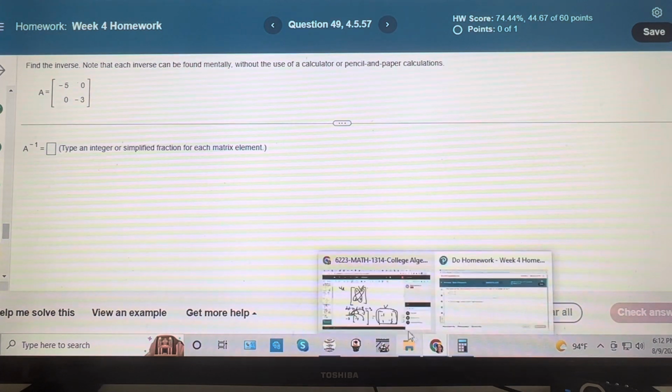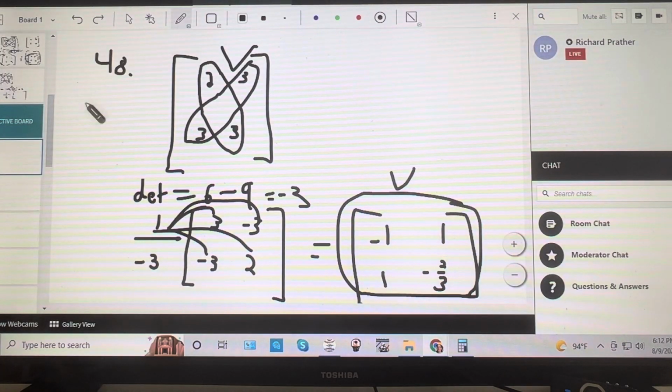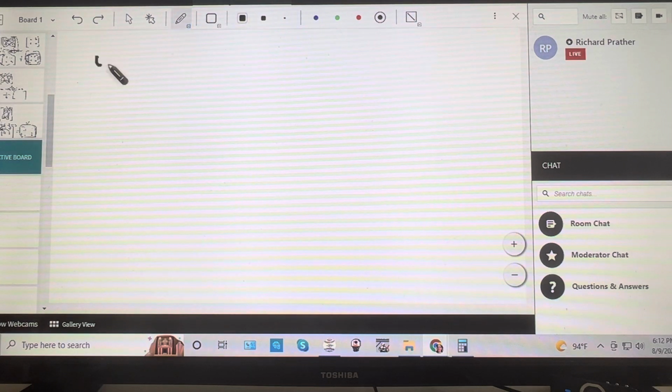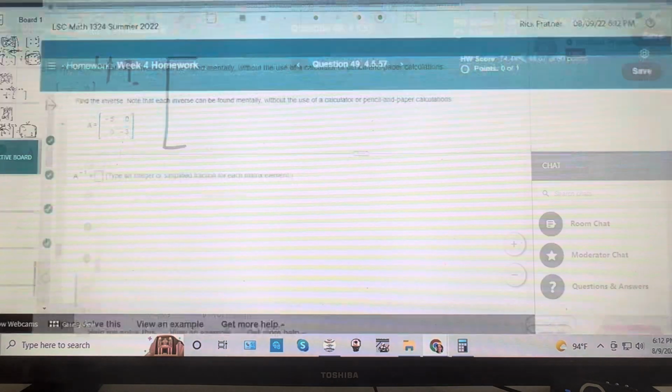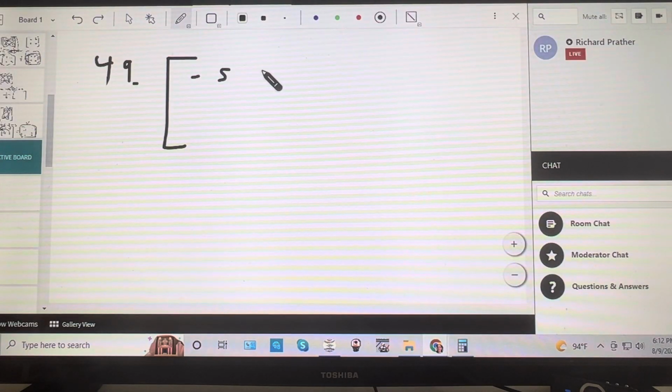Okay, so this one's similar, 49. The original matrix is -5, 0, 0, -3.